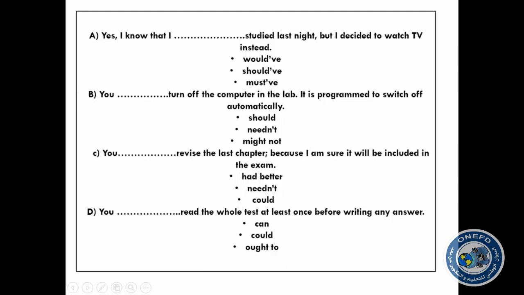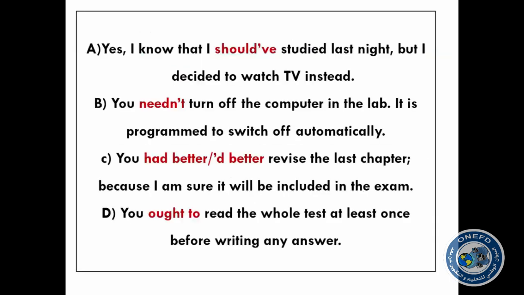Remember that we want to express advice and not any other function, so be careful to circle the right expression. Feel free to pause the video and do your task. Finished? Let's move on to the solution of the task.